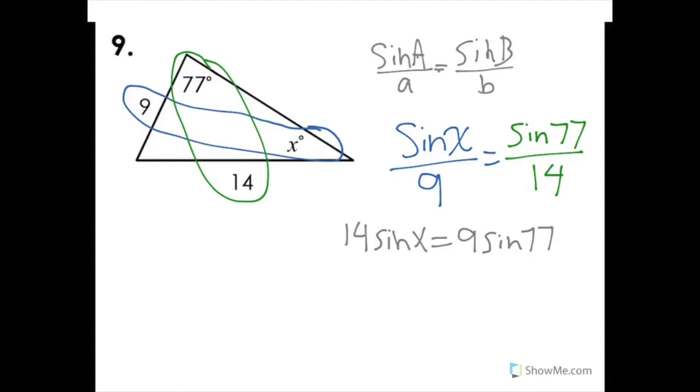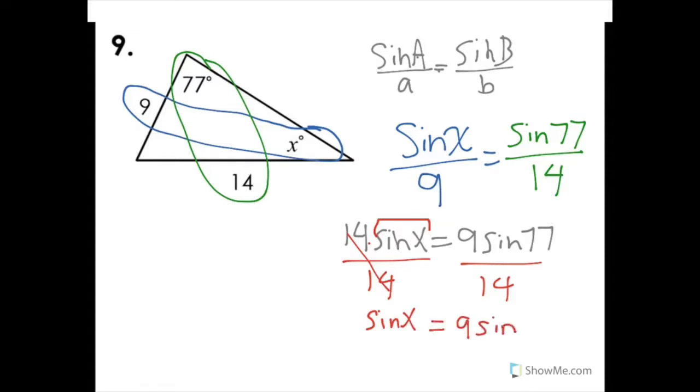Now we need to get the sine of x by itself because we can't really break those apart yet. So we're going to divide by 14 because it's being multiplied and do it to both sides. So then you have just the sine of x is equal to 9 times the sine of 77 over 14.